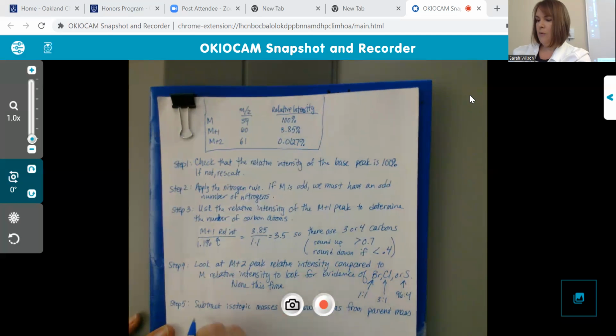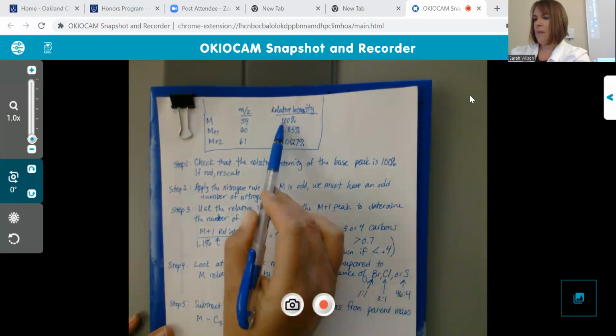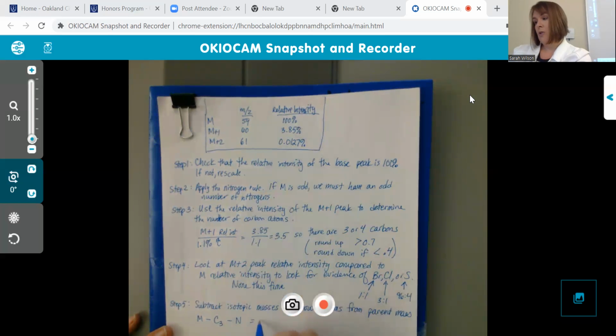The mass to charge ratio of our M peak, minus, let's try 3 carbon atoms and a nitrogen. The mass to charge ratio of our parent, which is also in this case our base peak, is 59. We're going to subtract 3 times 12 because we're going to brainstorm using 3 carbons before we try 4 carbons.